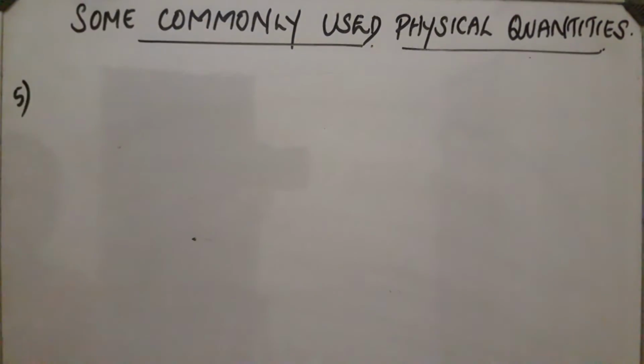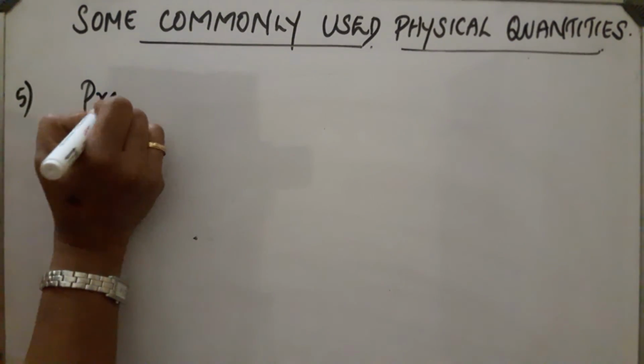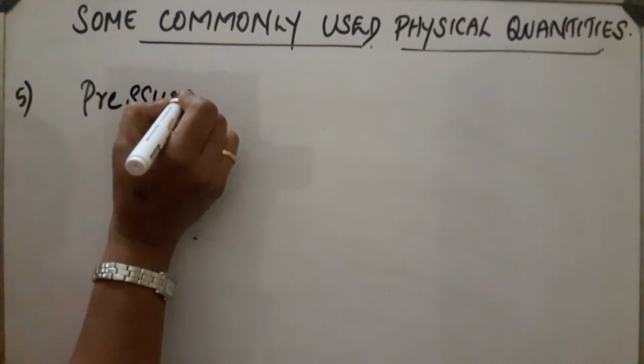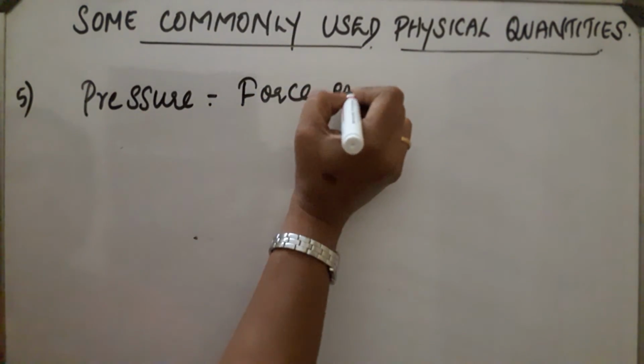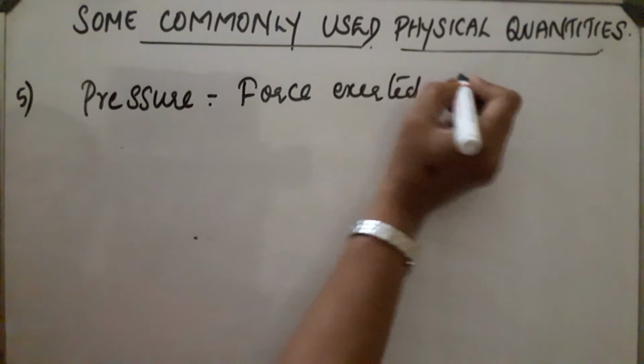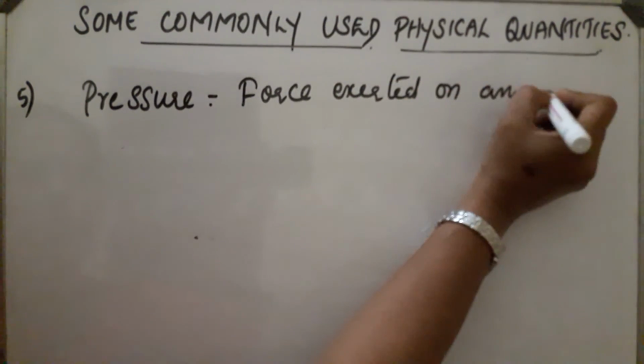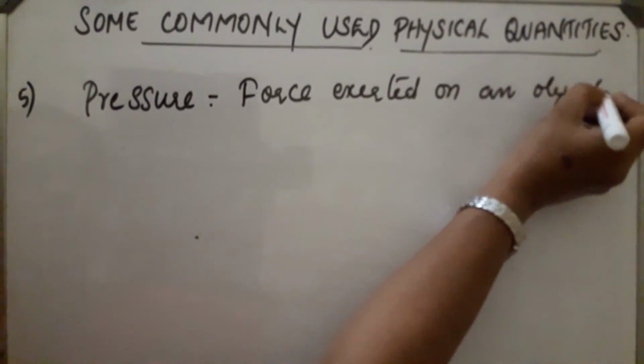Next one is pressure, the fifth one. Pressure means force exerted on an object, or force per unit area.